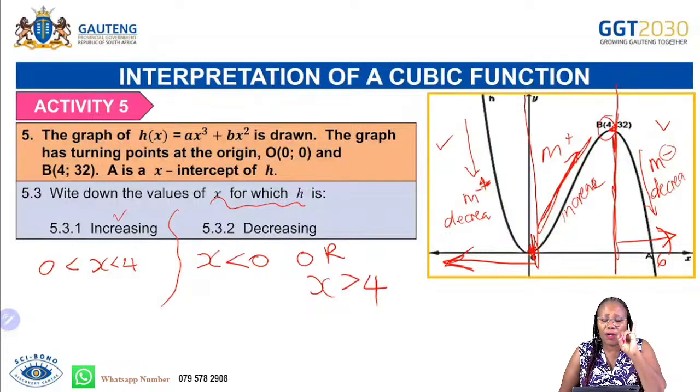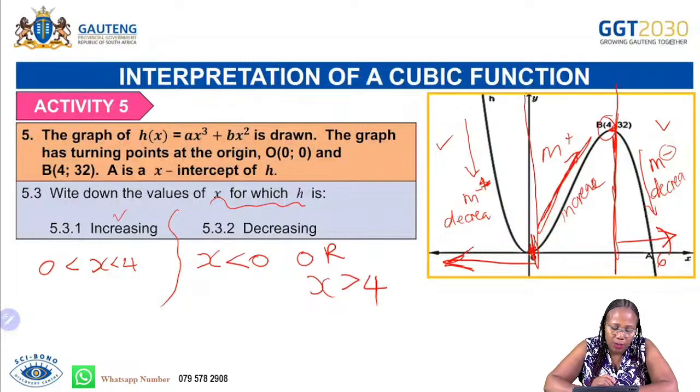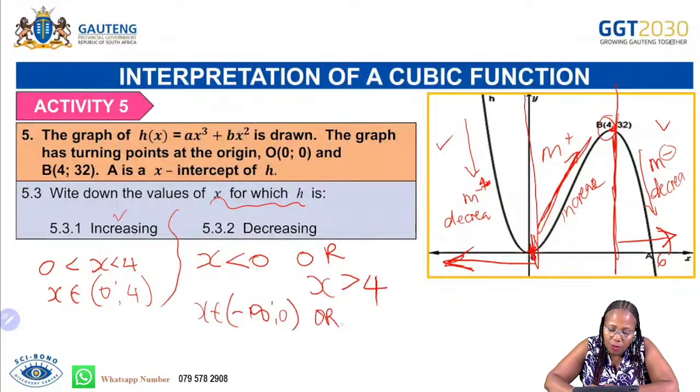To get this, the first mark would be for the values, the second mark for the correct inequality signs. And then there is another notation here. You can write x is an element of, round bracket 0 to 4, round bracket. And for the decreasing part, x is an element of negative infinity to 0, or x is an element of 4 up to positive infinity.